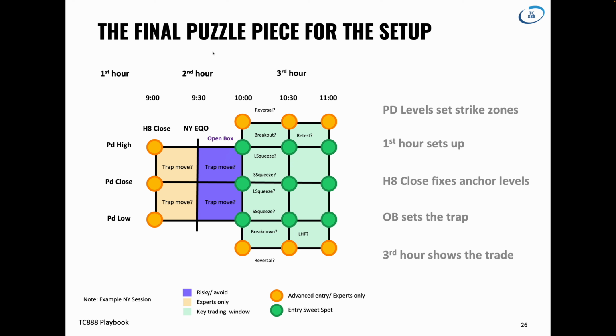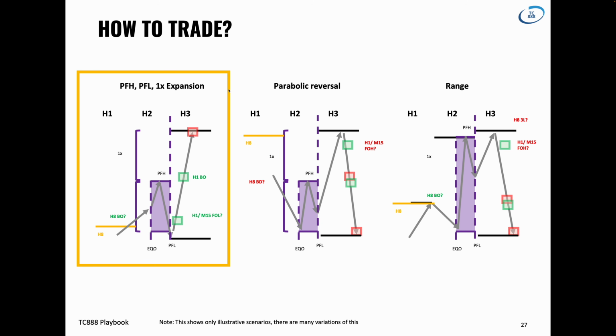Then the final puzzle piece for the setup is the open box. I typically wait for the open box to trade, and from the open box I decide how this fits my overall thesis, and I take it from there. So, how to trade the open box. As the open box closes, there are three variations I'm looking at. Especially once you come into the third hour, you are often at the extreme of the open box.